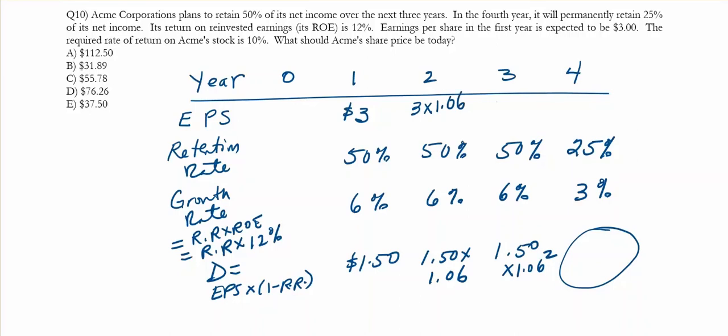So the earnings per share will also be growing at 6%, and the earnings per share in this last year will be 6% higher, because the 4th year dividend will be a function of what the retention was from the previous year. So in the previous year they retained 50% of the earnings, which generated a 6% return for year 4. However, starting in year 4, they won't be retaining as much and will pay more as a dividend.